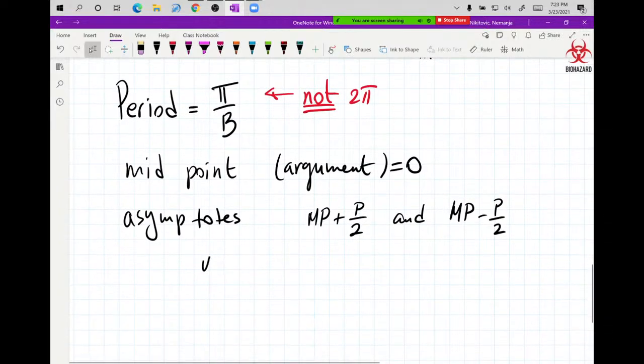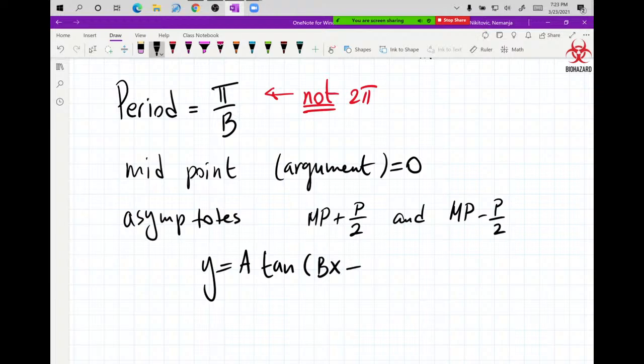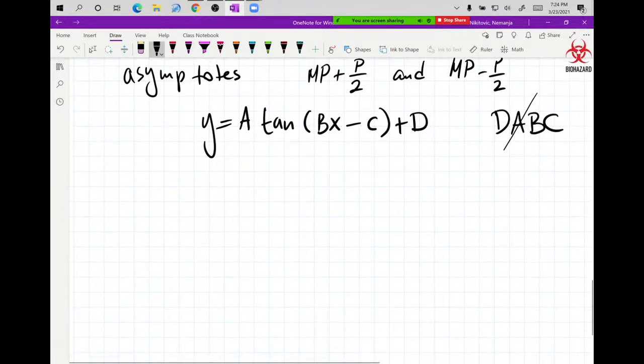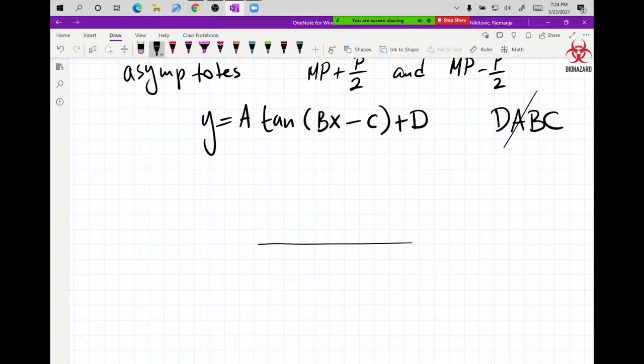So you still have y equals a tangent bx minus c plus d. You still have the dubc at work. Make sure you do the d first, and then now amplitude you can't really do amplitude well with tangent, because it's just how fast it kind of squiggles through.